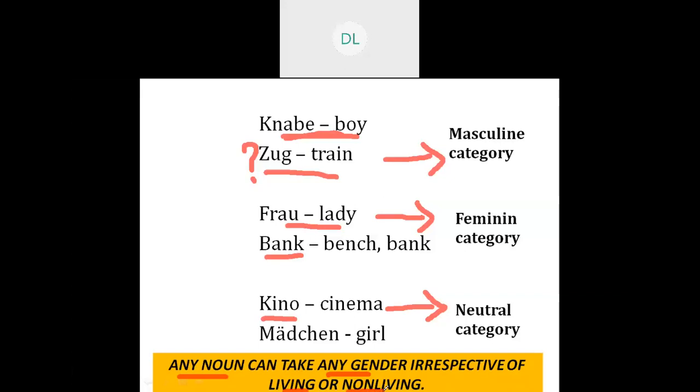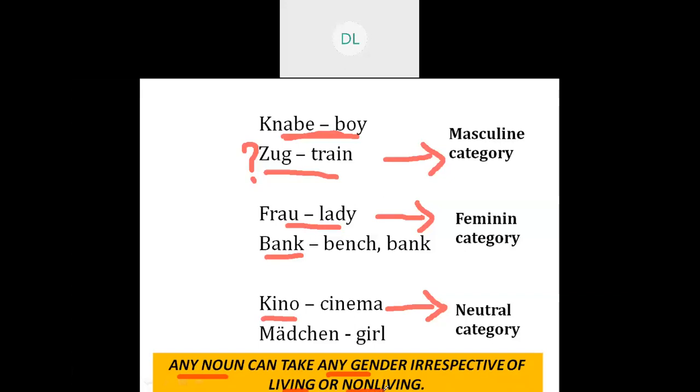The living and non-living criteria doesn't apply in German. So if you check it out here, Knabe and Zug, they both are masculine. Frau and Bank, they both are feminine. Kino and Mädchen, they both are neutral.